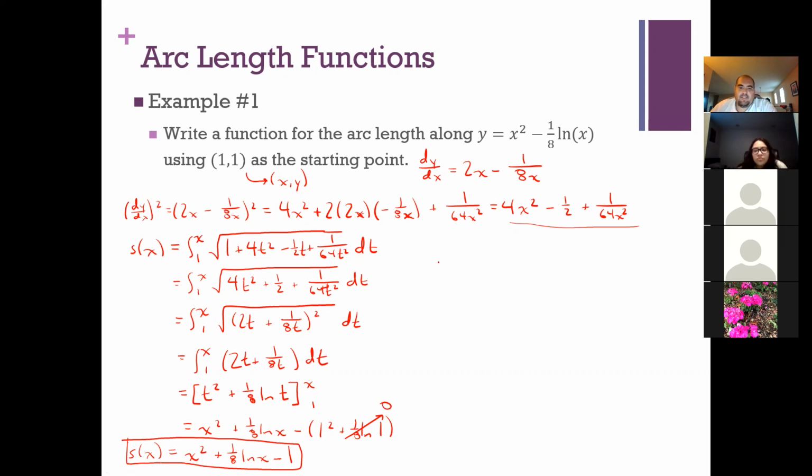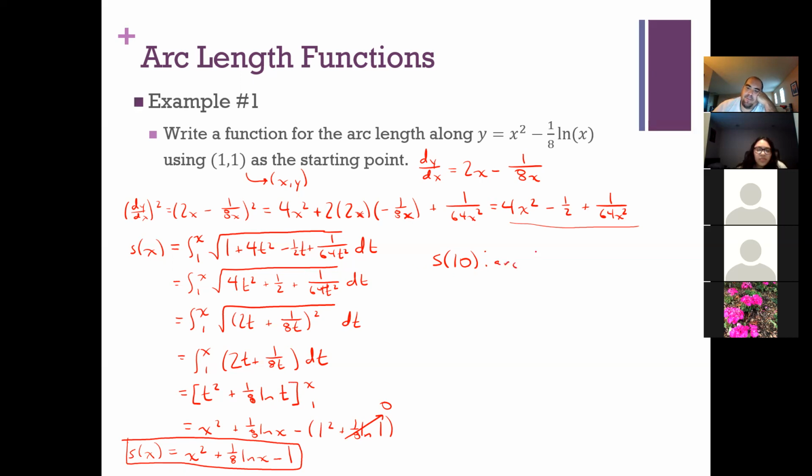Actually, let's give an example here. Let's say I use this function to find s of 10. We could plug in 10 and get a number, but what I'm more interested in is what s of 10 would represent. What would that tell us? Would it be the arc length from 1 to 10?